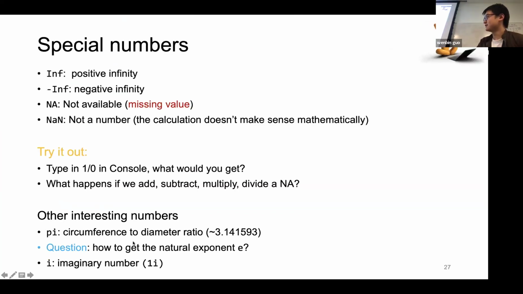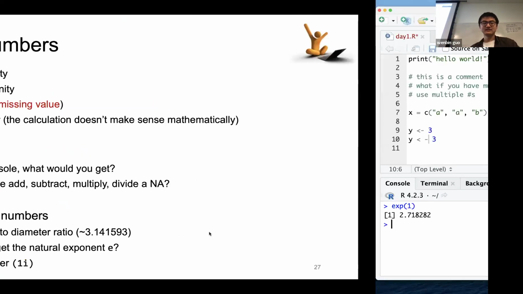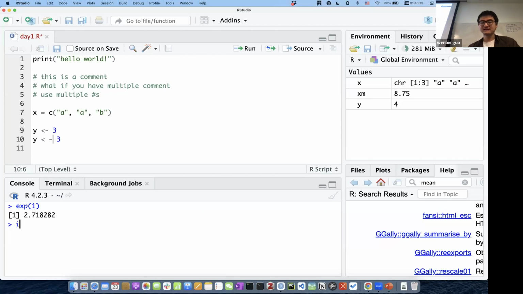And if you are working with mathematics, you probably saw this in high school but never used it later on. It's called the imaginary number. When you are dealing with complex numbers, not real numbers, you have the real part and the imaginary part. So i is the imaginary number in R. If you directly put i, it will still say object i not found.